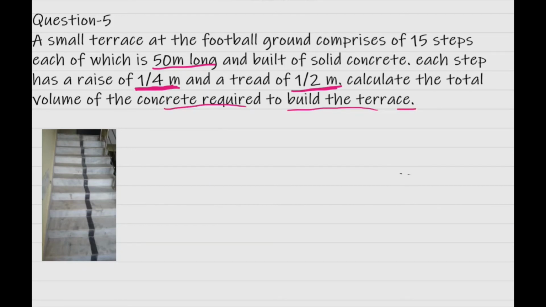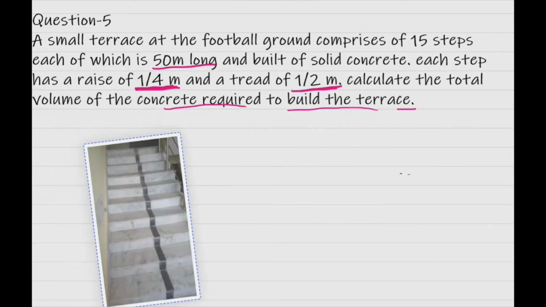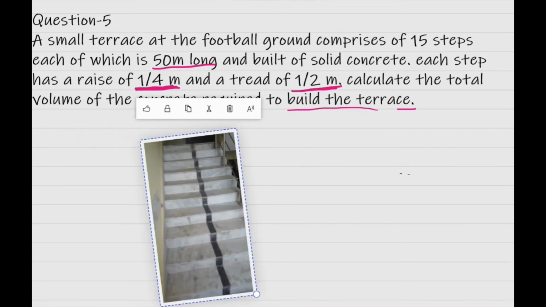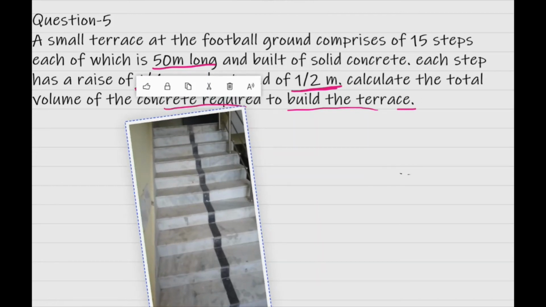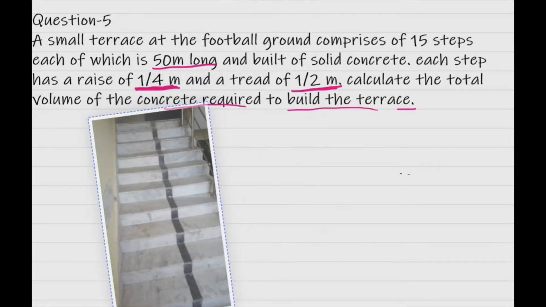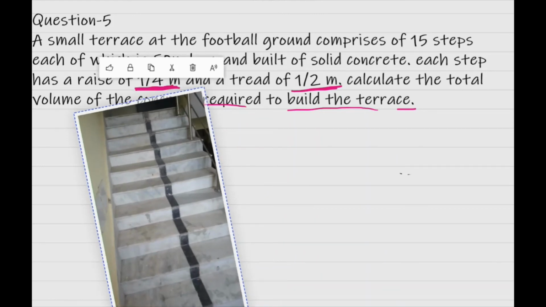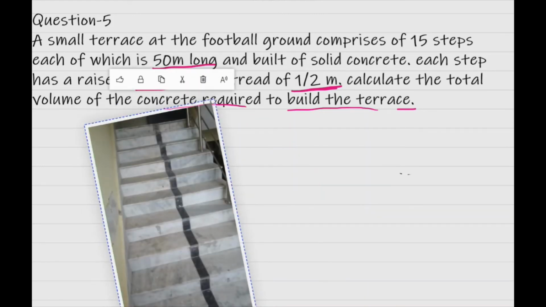Now see children, first of all we have to understand what is actually given. Okay, to understand it I have just clicked one picture of my terrace so that I can help you people to understand what is actually given and how we can find out the material which is being asked here.